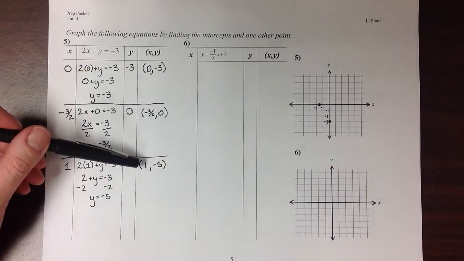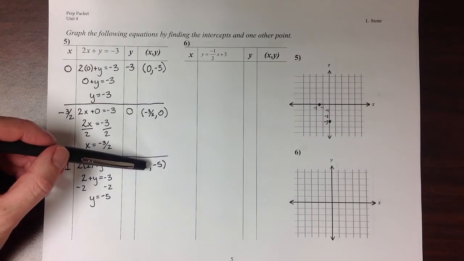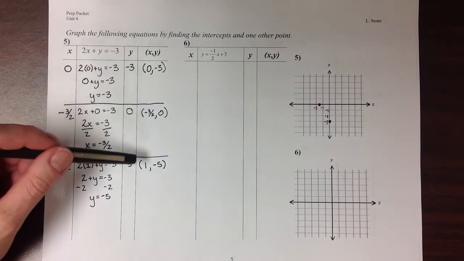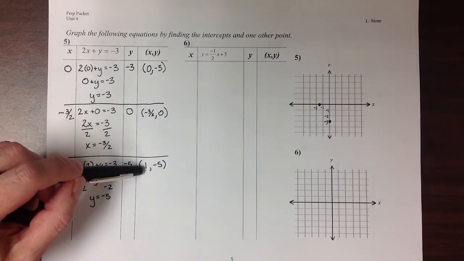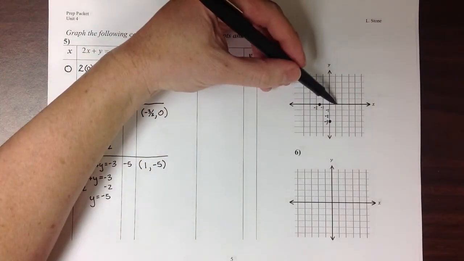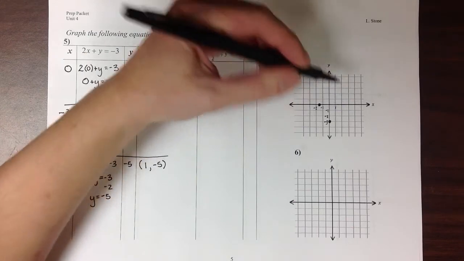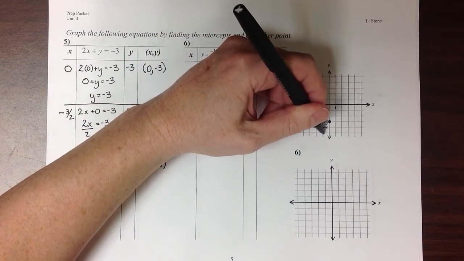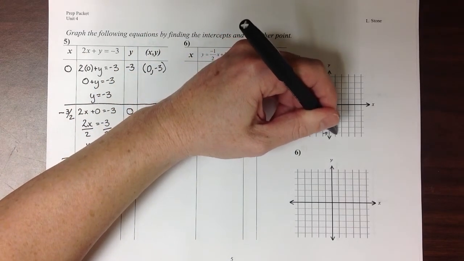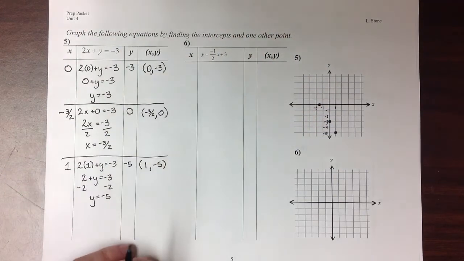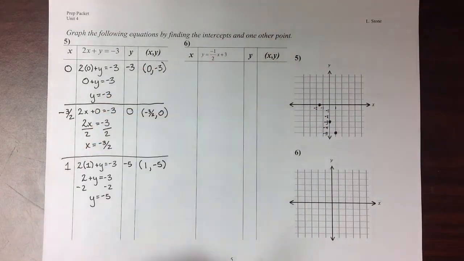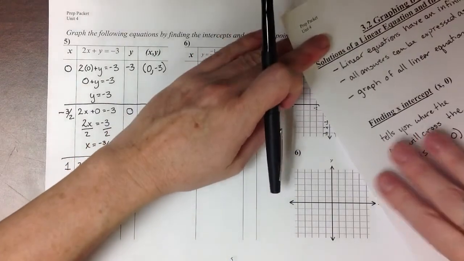And then my final point is when x is equal to 1, y is equal to a negative 5. So down here. And it does look like those points are going to connect in a straight line.